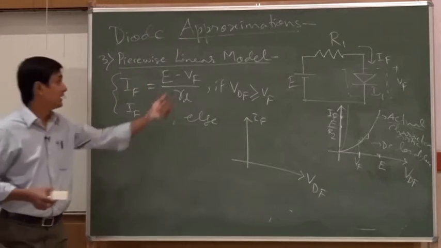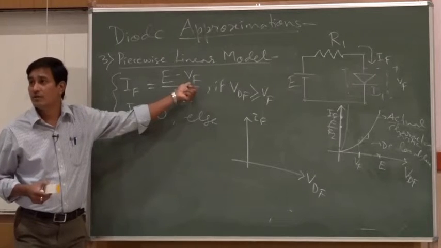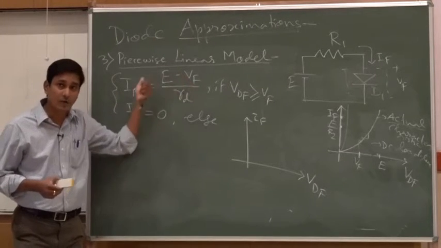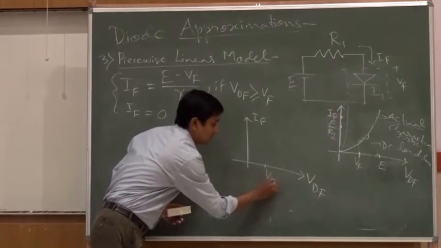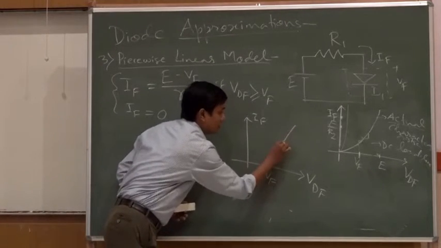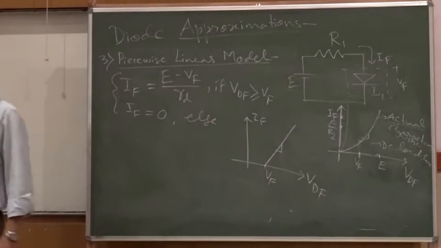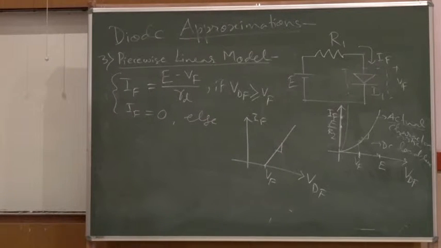But here the origin has got shifted to the Vf value. So it is one straight line, but it has started from Vf with a slope. How is the slope decided?